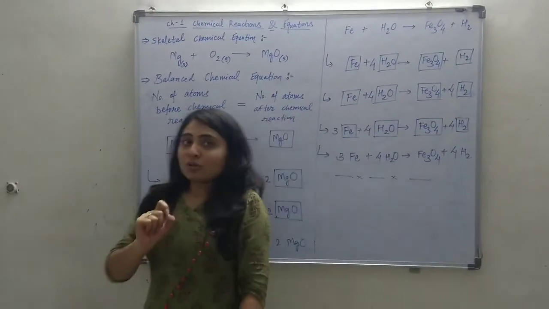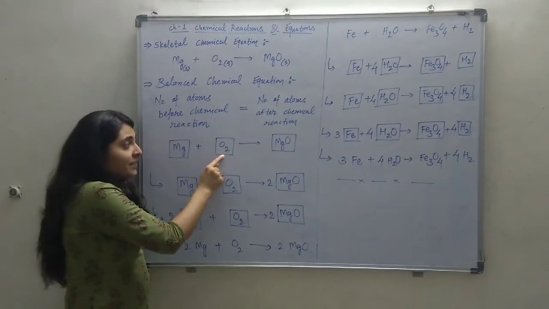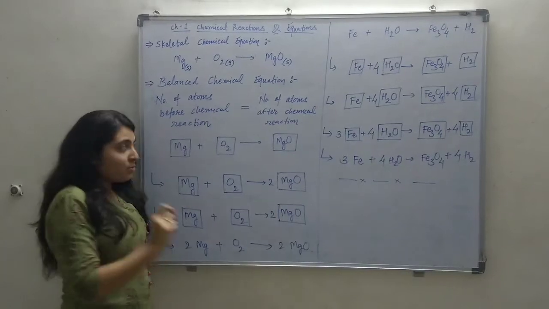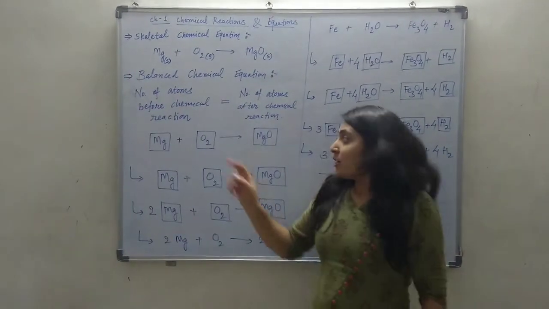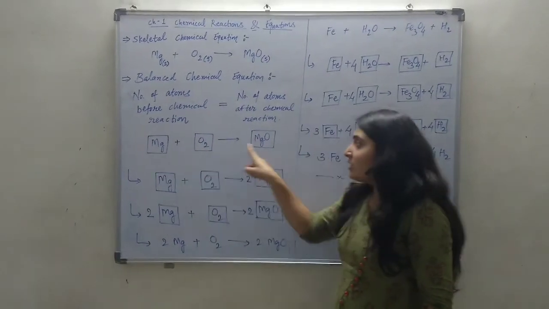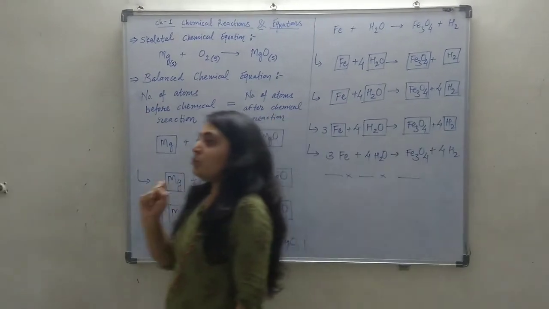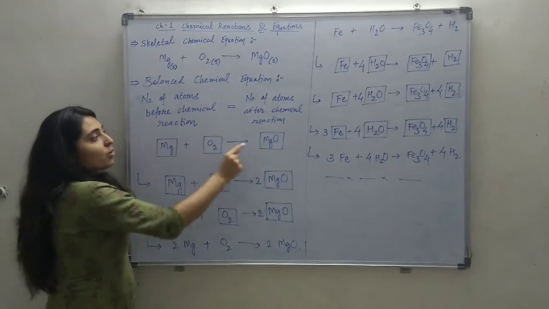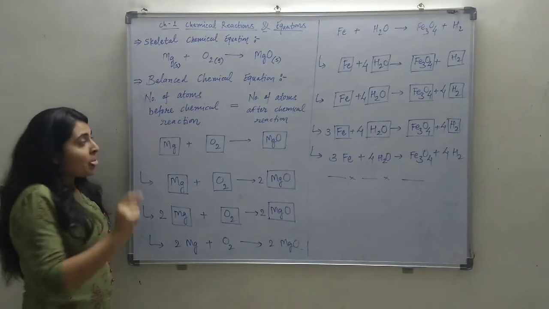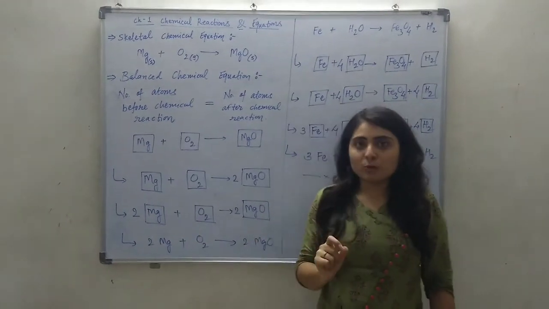I am drawing these boxes, which represent that we cannot change anything inside the boxes. We are not changing the chemical formula of any substance. We only need to write numbers in front of the boxes to balance the atoms. Inside the boxes we cannot change anything. That is our first rule.